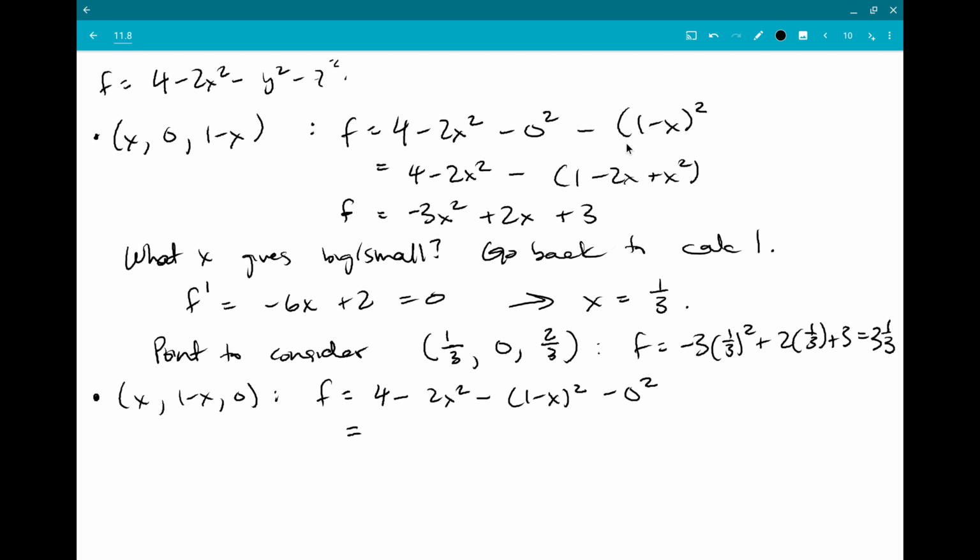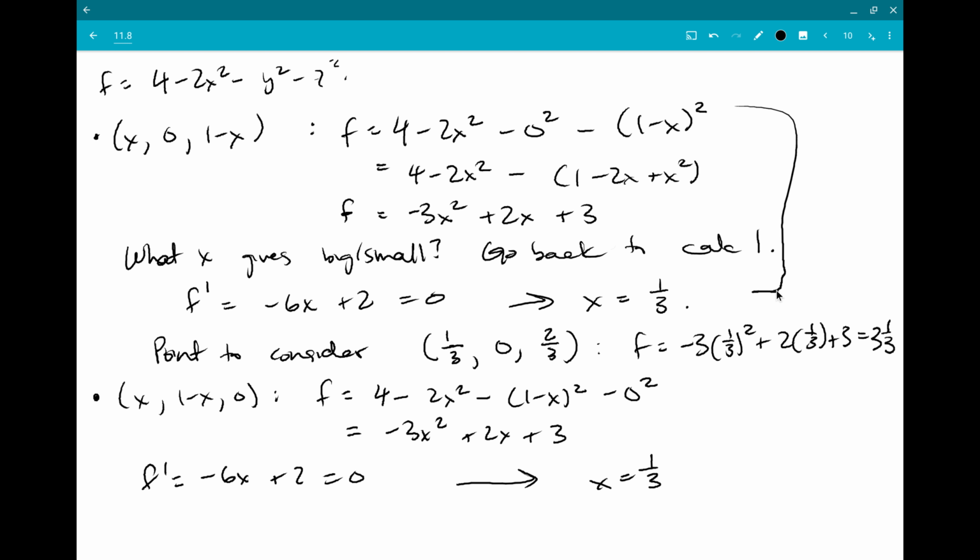And hopefully you can see that that's actually going to simplify to the exact same minus 3x squared plus 2x plus 3 as before, which means f prime equal to minus 6x plus 2 equal to 0 tells us that x should be equal to a third. This is the same reasoning as we used above.